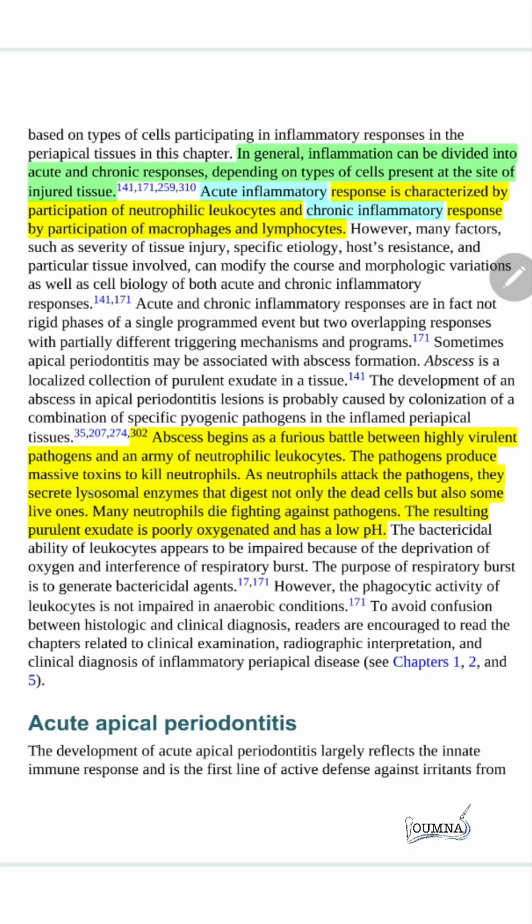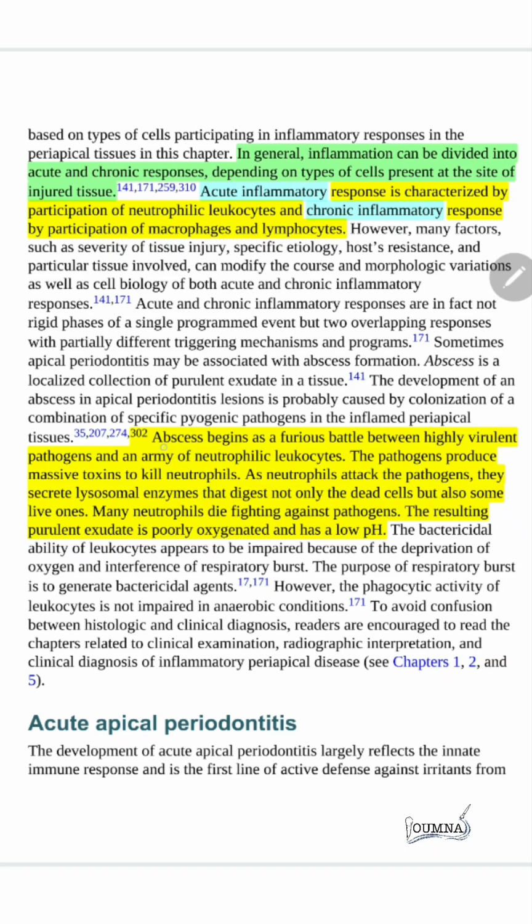The pathogens produce massive toxins to kill the neutrophils, and as neutrophils attack the pathogens, they secrete lysosomal enzymes that digest not only the dead cells but also some live ones. Many neutrophils die fighting against the pathogens. The resulting purulent exudate is poorly oxygenated and has a low pH. So these are the components of the abscess.